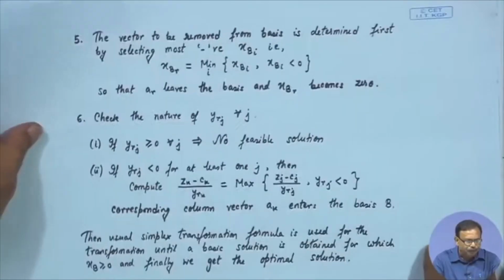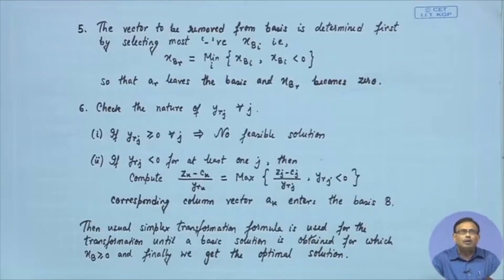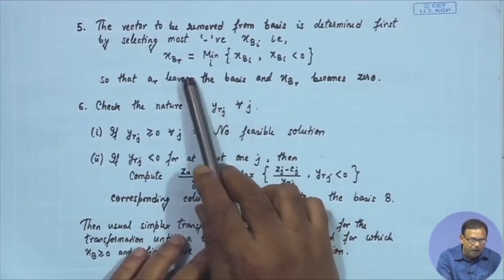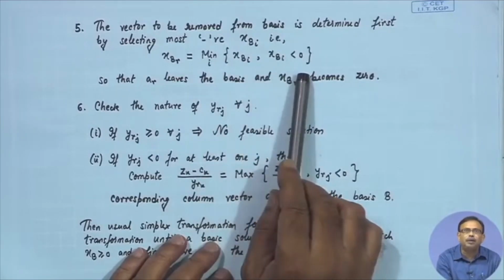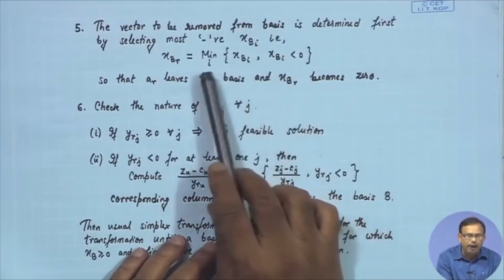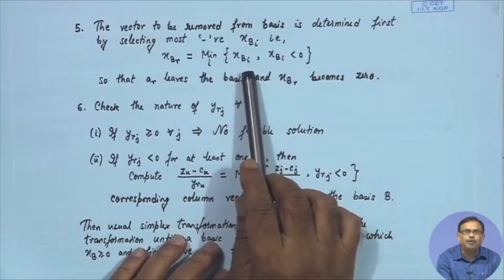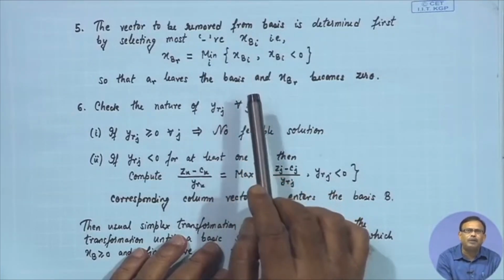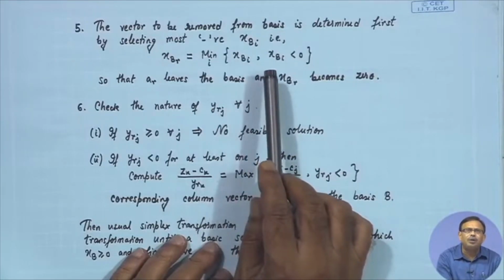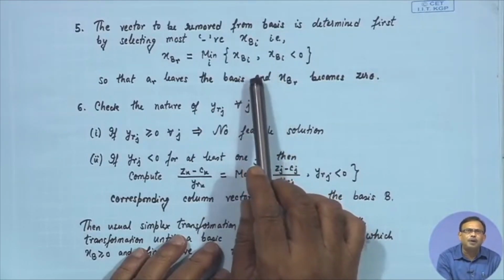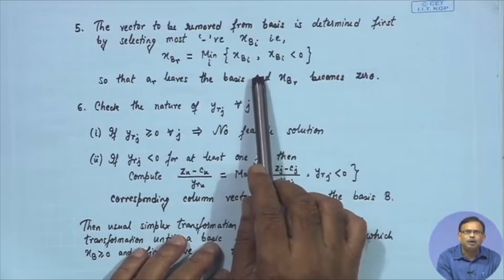Here you see the vector which has become negative, that vector in step 5 can be removed from the basis. This is determined first by selecting the negative xBi, that is, xBr equals minimum of xBi. So, xBr is the minimum of xBi, that means among the vectors in the basis, the minimum negative value that xBi is taking, that one will be going out.